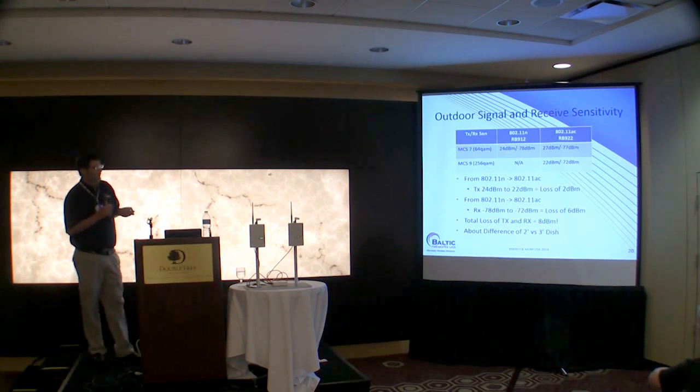and a receive sensitivity of -78. With the AC board, you do see we get a little increase in the transmitter output power. Receive sensitivity is about the same. Again, this is for the 300 meg 802.11n. Now we jump to AC, our transmit power is down and our receive sensitivity is down.